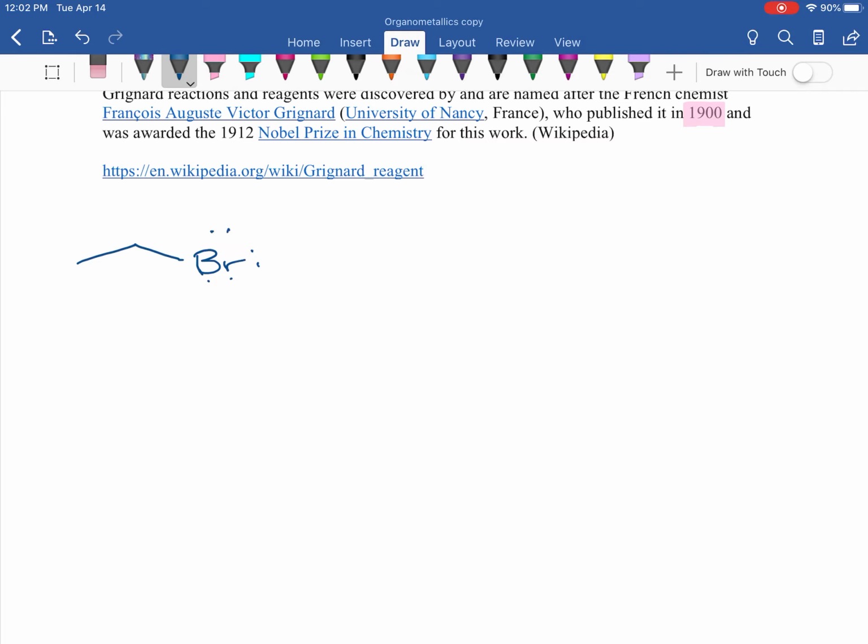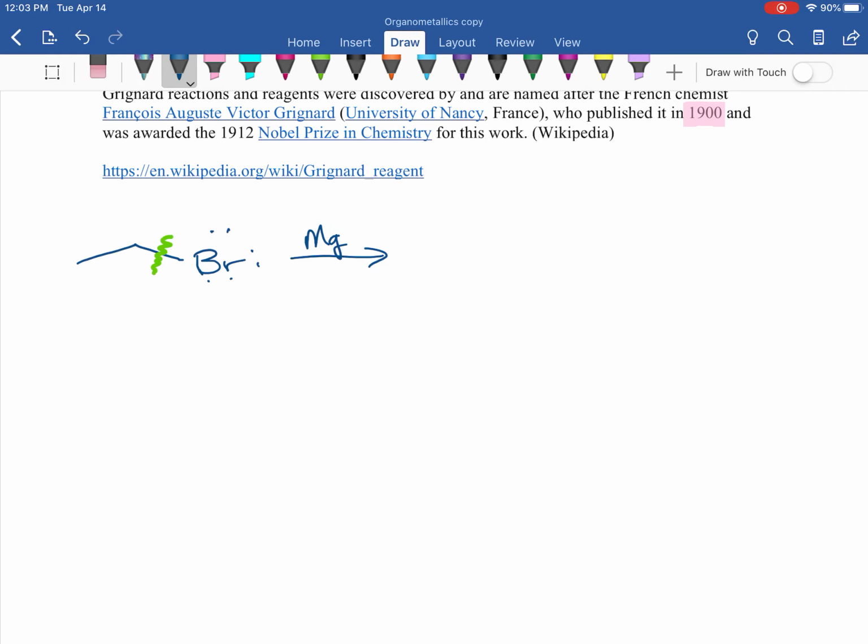And what Grignard discovered in the early 1900s is if you stir up some elemental magnesium with an alkyl halide, it is very specific to literally insert into this bond. So remember, with organometallics, we're not going to draw this mechanism.